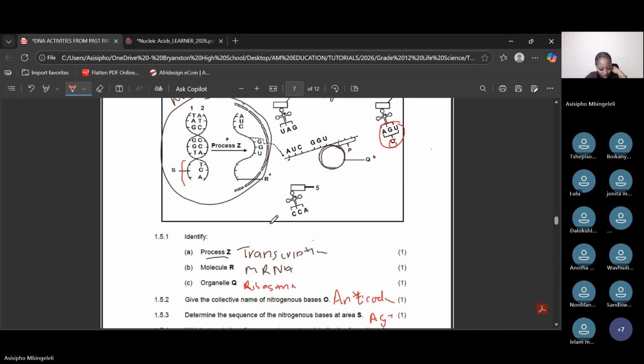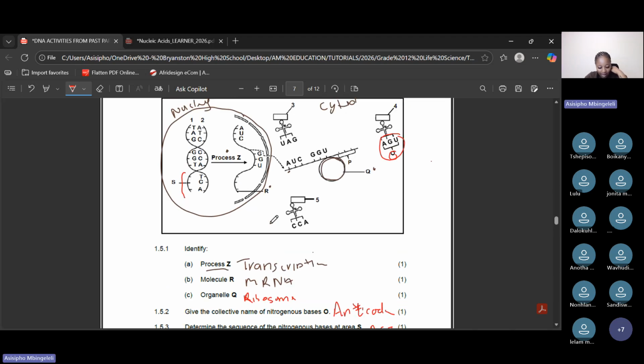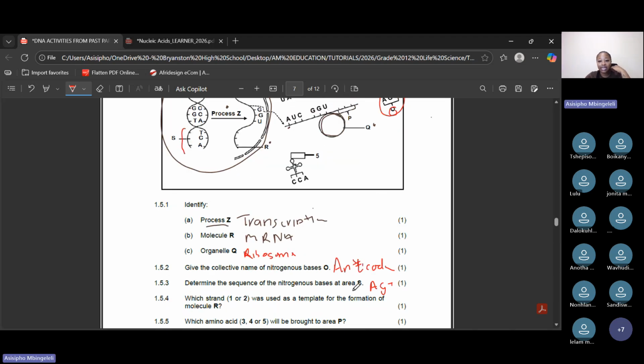Unless I'm wrong. I am right. Okay, I'm not getting any reaction, guys. Just unmute yes or no. I'm getting AGT because I'm reading it from top to bottom. I'm not sure if you guys read it differently. I'm seeing there's a message, but I couldn't read it. Okay, thumbs up. I've read it from top to bottom, hence the bases that I got. Okay, I think you guys are happy with that.